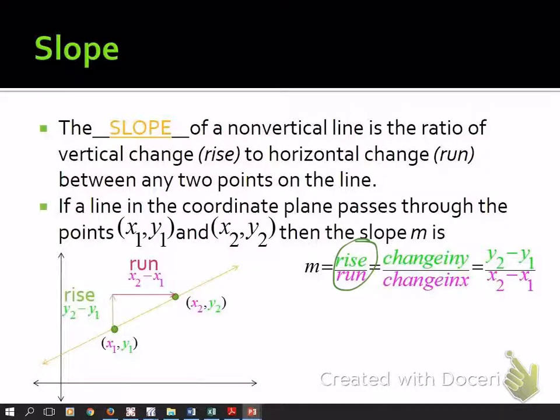The vertical change, which is the rise, and remember that in the xy axis, in the coordinate plane, y is your vertical axis. So the rise is your change in y, where the run is your change in x, right? But the slope is a ratio of those two changes, right? And we remind you of the slope formula here. Subtract the y's, subtract the x's, and make that your ratio. Now do make sure that it matters here.